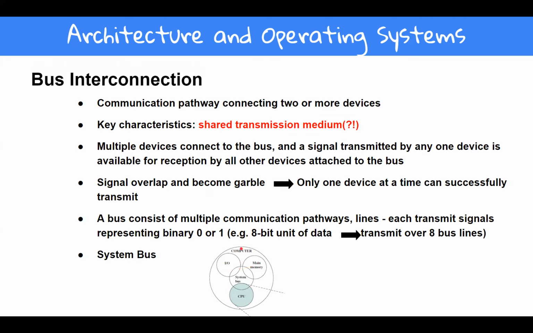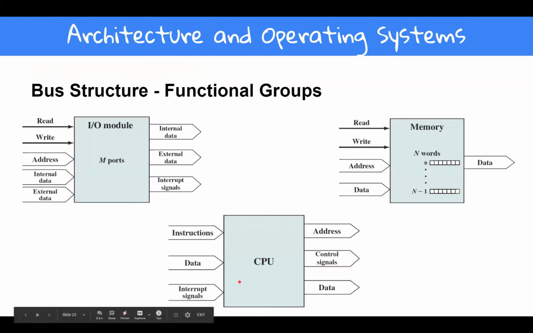All of these lines together are called a system bus. So when we say system bus here, it means that we have different lines, some of them for data, some of them for addresses, some of them for control signals. All of them together are called the system bus.